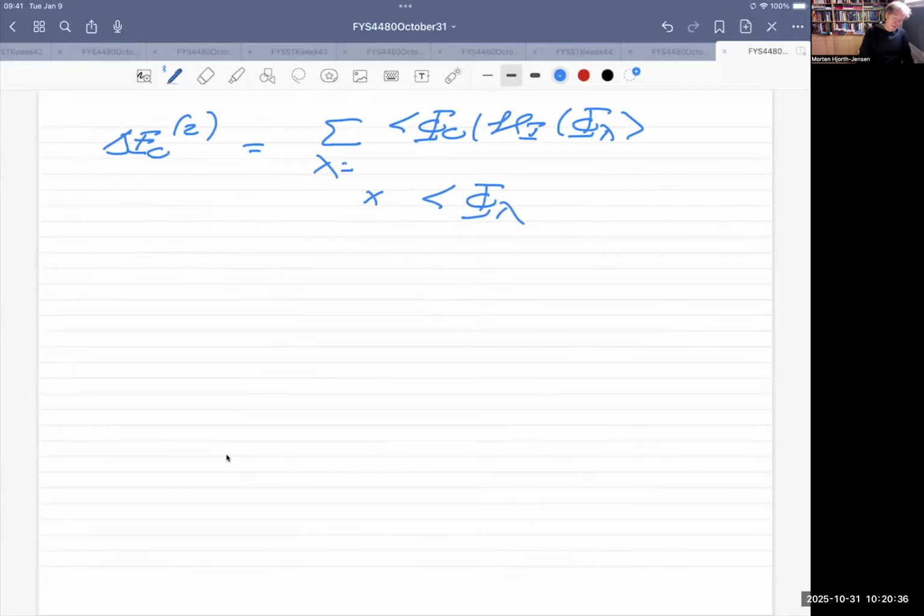These states run from 1, because we have only singled out one ground state. This is our effective Hilbert space now, and the sum goes up to infinity in principle.